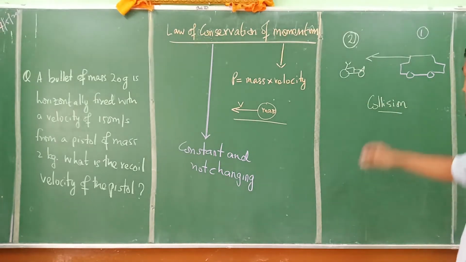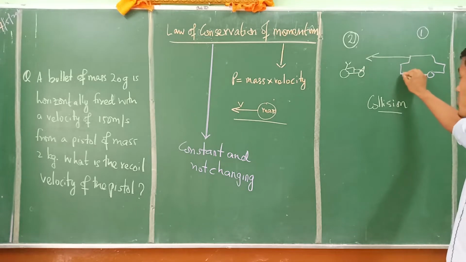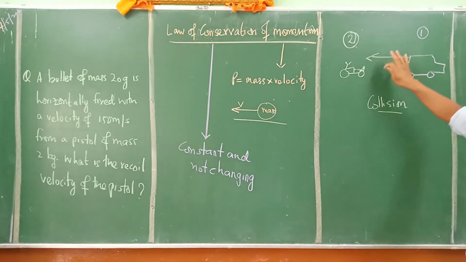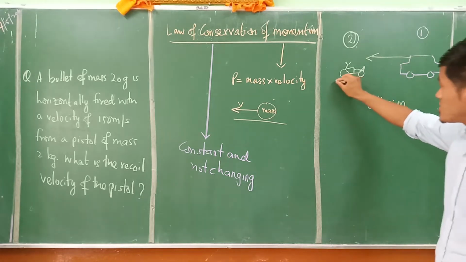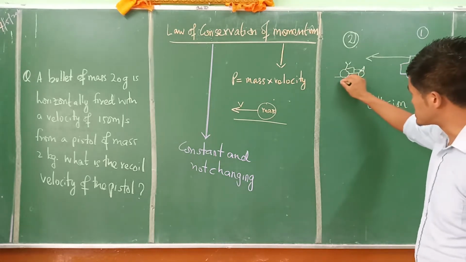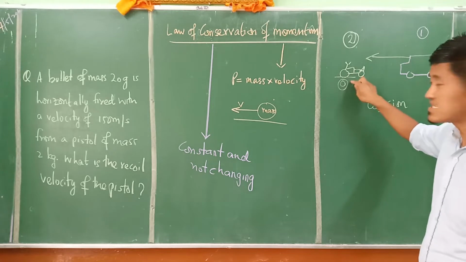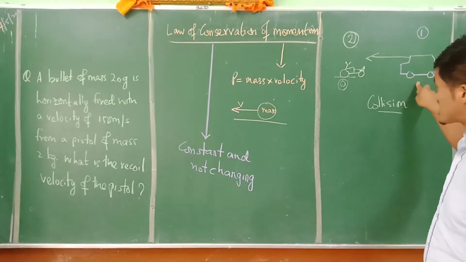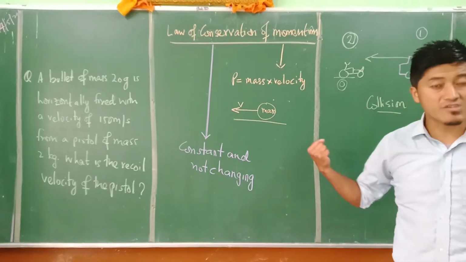We know that object number 1, the car, has a huge mass and is moving with some velocity, while the bike has zero velocity, that means it is at rest. The impact is going to happen whenever there is a collision.